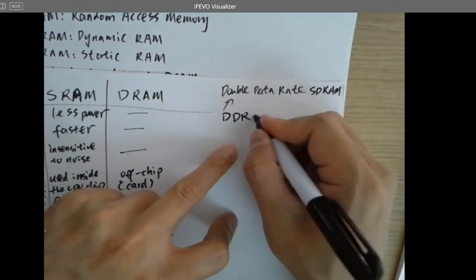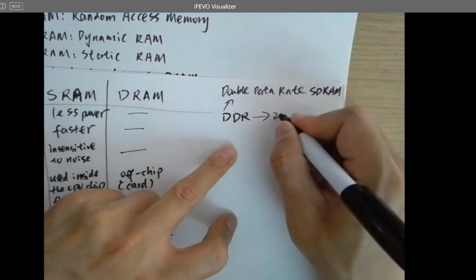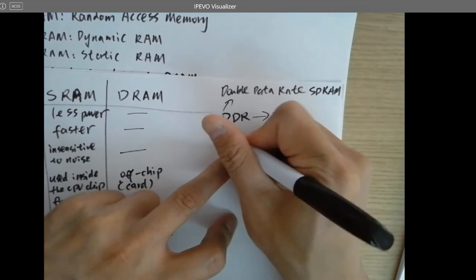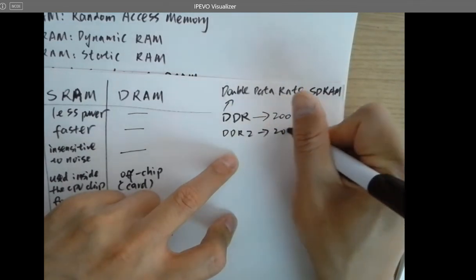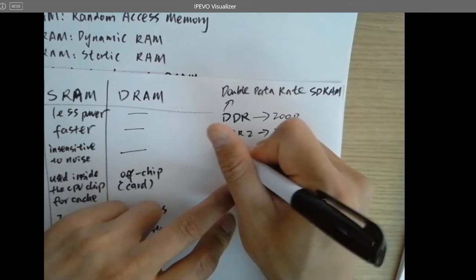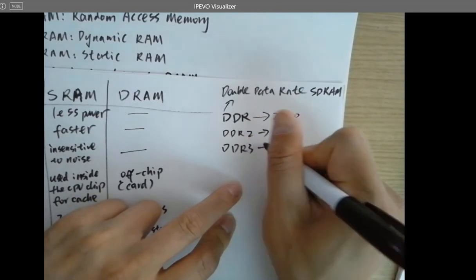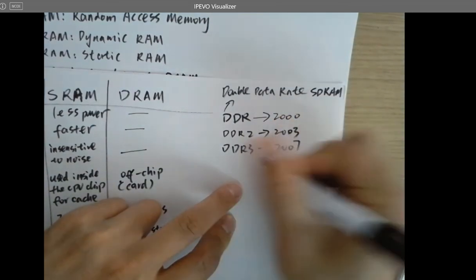DDR was launched in 2000, and DDR2 is somewhere around 2003. DDR3 is 2007.